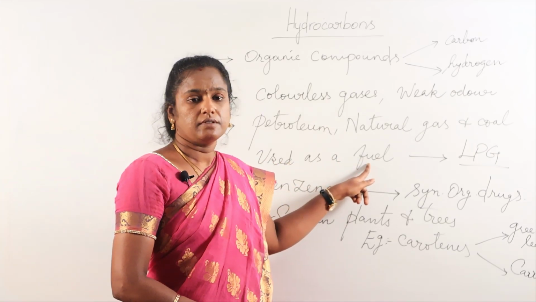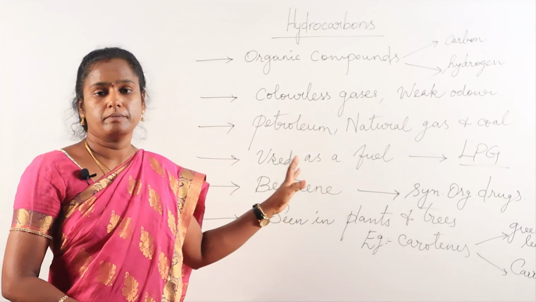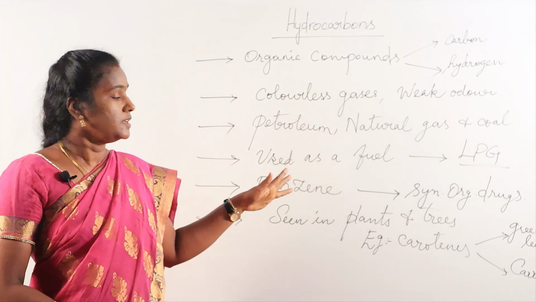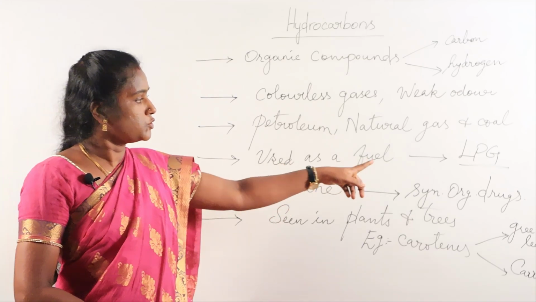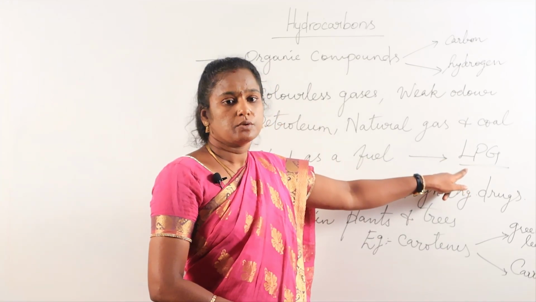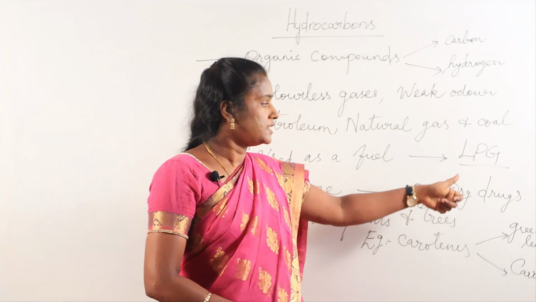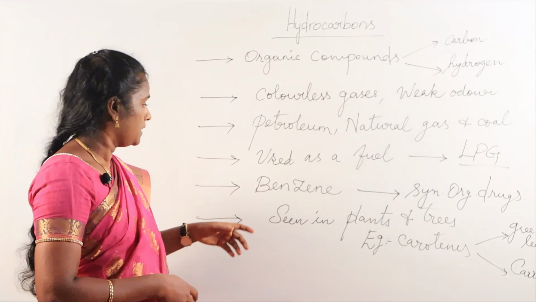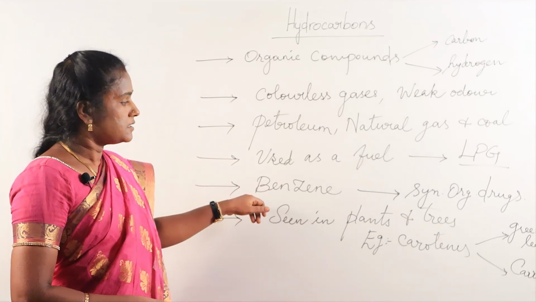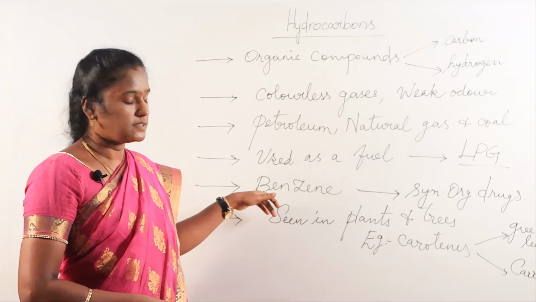For example, a liquefied mixture of propane and butane is used for commercial fuel purposes in the form of liquefied petroleum gas. We are using it as a cooking gas in our home, that is LPG. LPG is liquefied petroleum gas. And benzene is the simplest aromatic hydrocarbon.